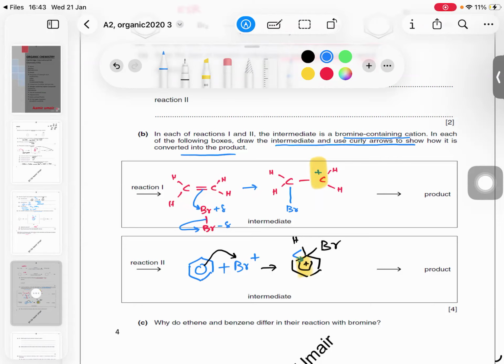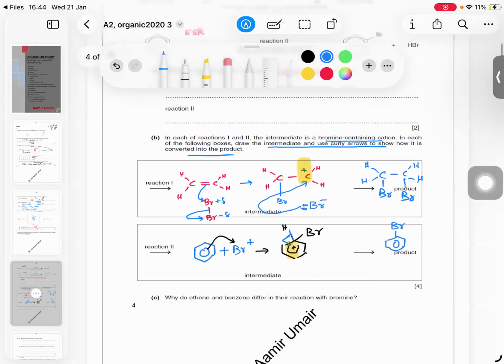And then the Br negative here uses this electron pair to attach here, and then this is the electron pair which is used to. And the product is, I'm showing the product, you don't need to show the product. Here is the Br, and here is the 1,2-dibromoethane. So what he's trying to say is that you have to show all the curly arrows.